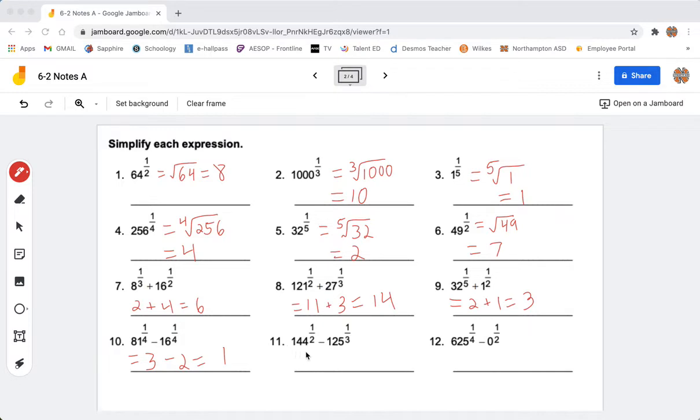All right, so next up we got 144 to the 1/2 power, so square root of 144 is 12. Cube root of 125 is 5, so 12 minus 5 is 7. Fourth root of 625 is 5. Square root of 0 is just 0. So 5 minus 0 is 5.